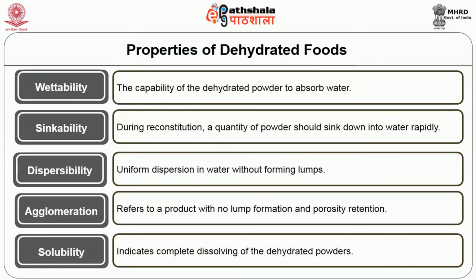The next property is dispersibility, where uniform dispersion in water without forming lumps is seen. Agglomeration refers to a product with no lump formation and porosity retention. Solubility indicates the complete dissolving of the dehydrated powders.